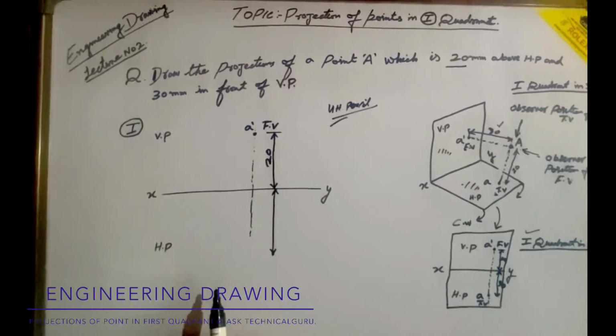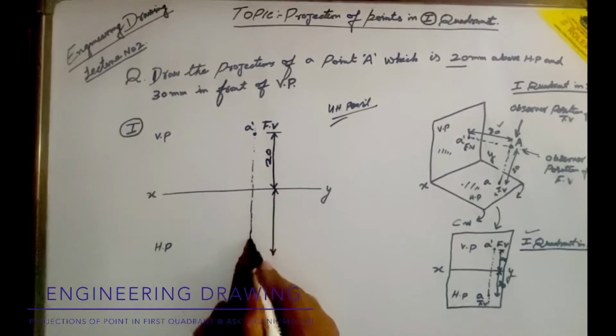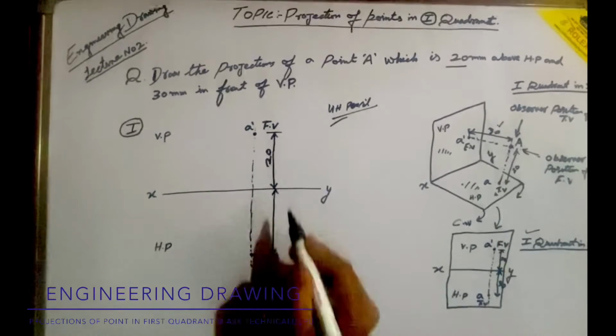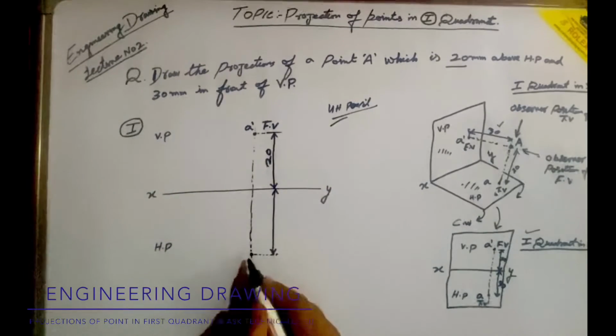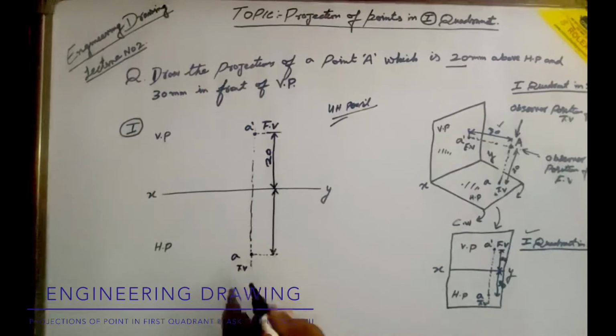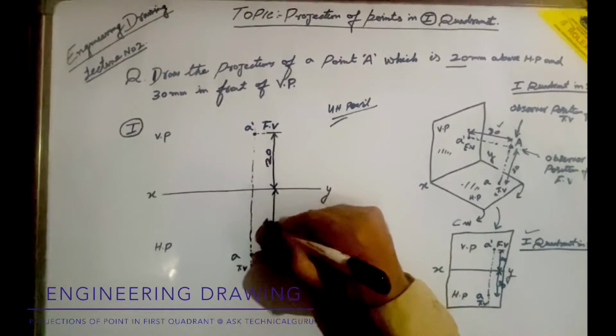It is 30 mm in front of VP. So this is the point, and this is denoted by A. This is its top view, okay. This is its front view, and this much of distance is 30 mm.